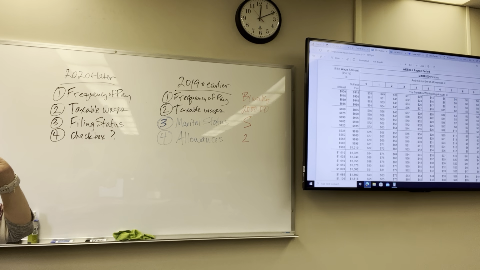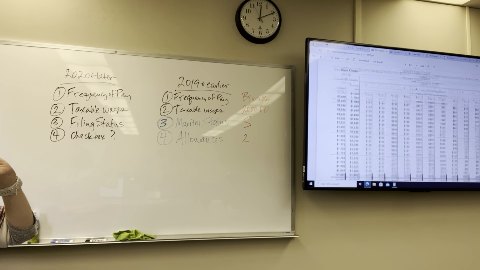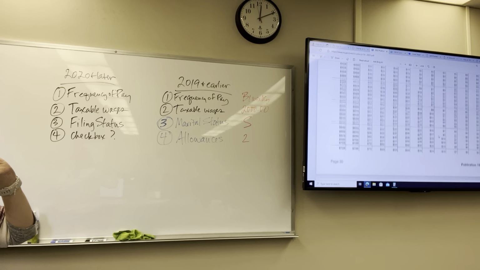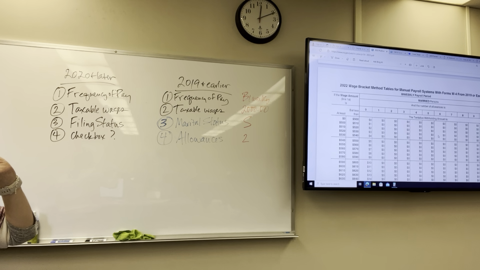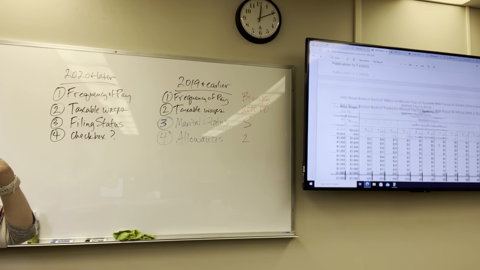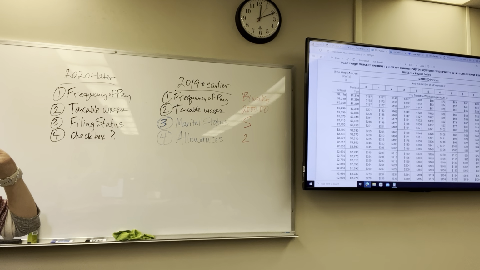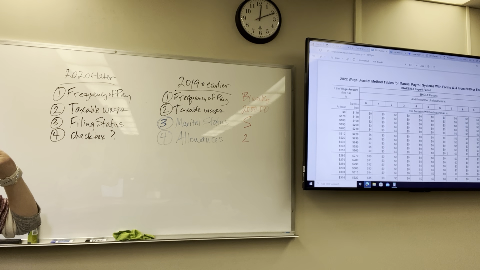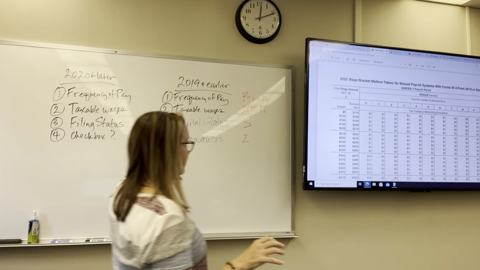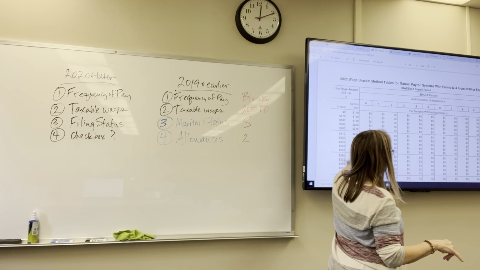So let's take a look here. And then I'll talk about those numbers up at the top in just a second when we get to the right page. So we want bi-weekly single. Okay, here's bi-weekly married. You can see there's a lot of pages here. Bi-weekly single. All right. So we've got the right table. Just like with the other, we've got a wage range over here.